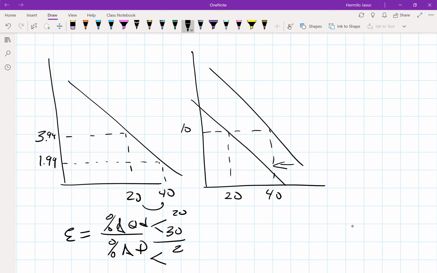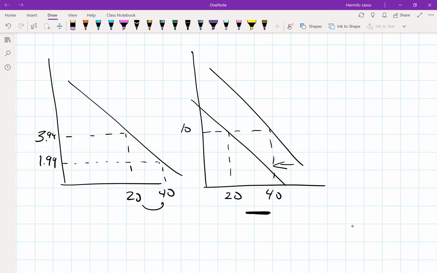The cross elasticity is how another product was affected by the change in the price of another product. So what will be the formula of the cross elasticity? It is the percentage change in demand of the second product divided by the percentage change in price of the first product.